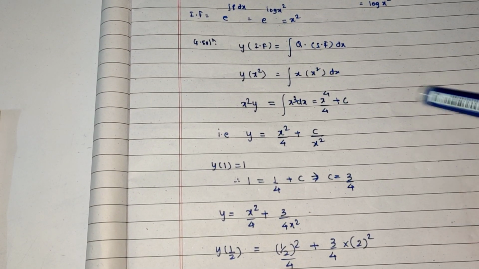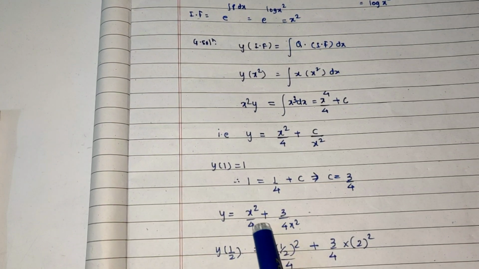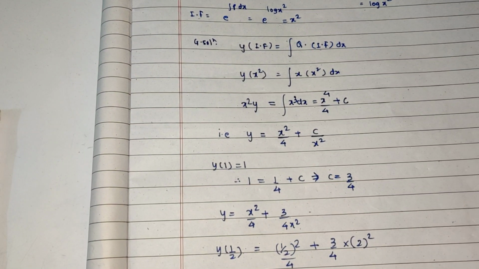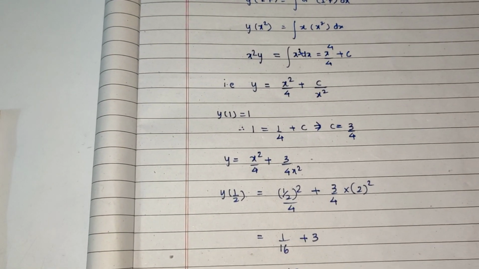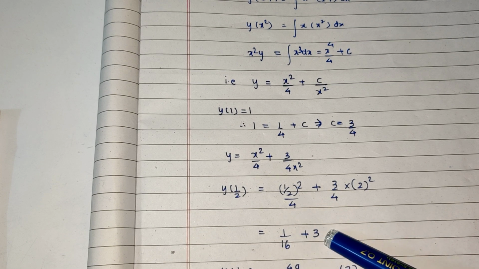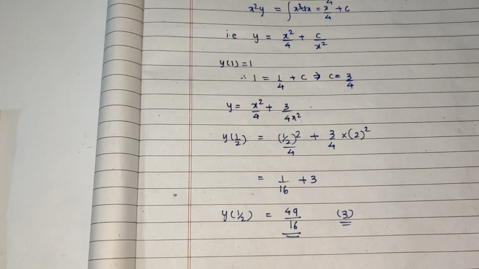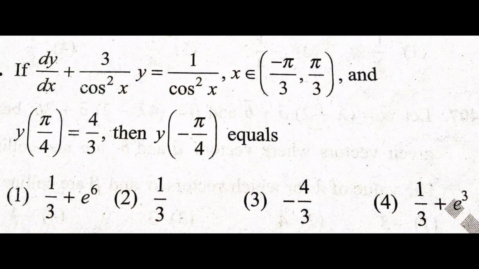But we want to find y(1/2). So substitute x = 1/2, and y(1/2) will be 1/16 + 3, which is 49/16. That is, the third option is the correct option.